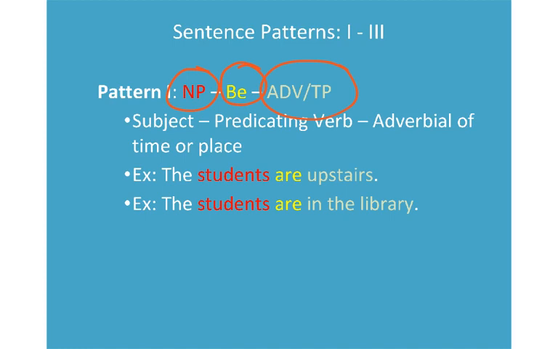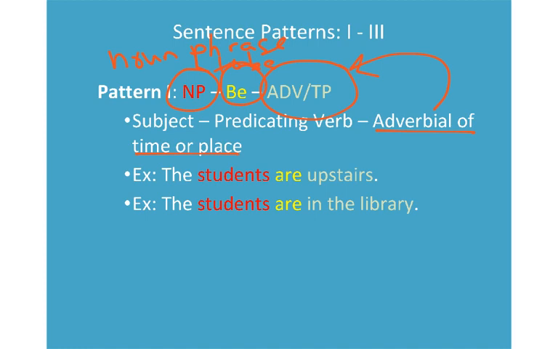So that's what those are standing for, noun phrase, which is going to make up the subject of your sentence. Then we've got a to be verb. Again, if you don't know how to conjugate to be verbs, that's a good thing to look up. And then here we have the adverbial of time or place.